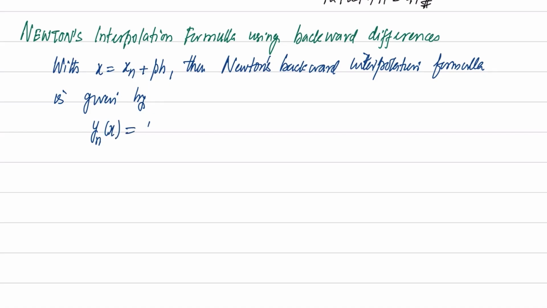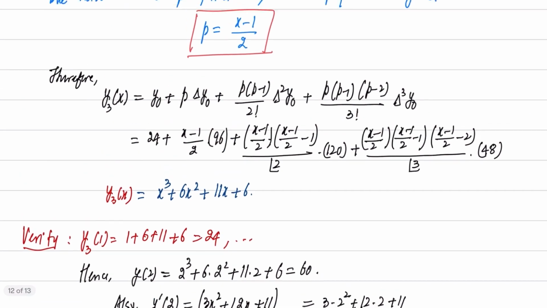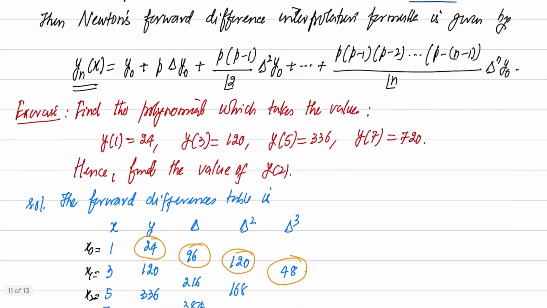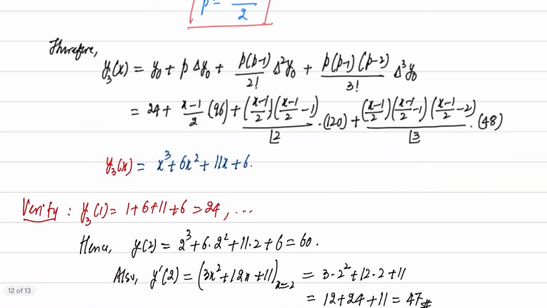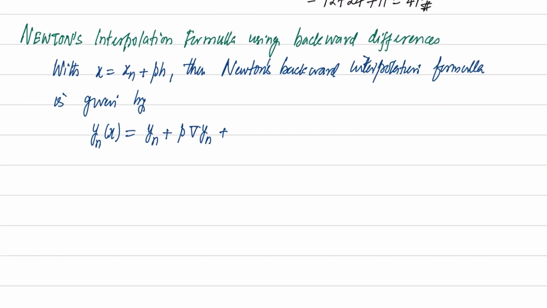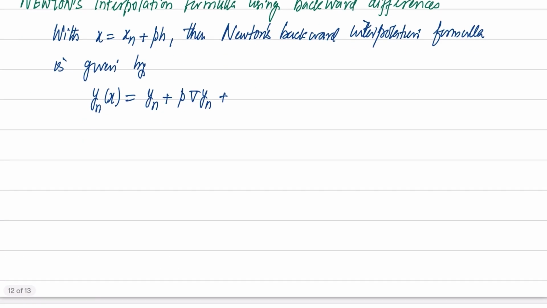Now this is equal to, first we start with yn, then plus p delta yn, which is the backward difference operator. Let's keep on comparing it with Newton's forward difference formula. We had y naught and p delta y naught, but now here we have yn plus p delta yn. So this starts from the last values.